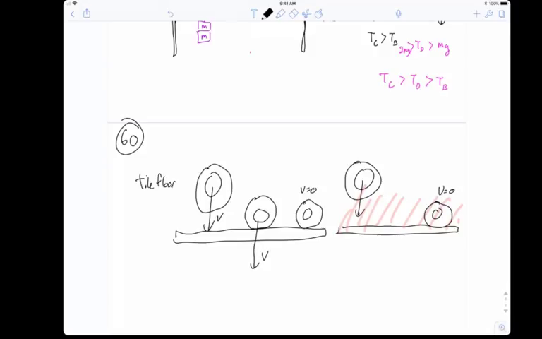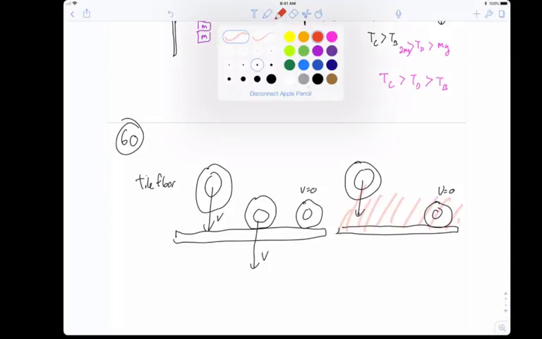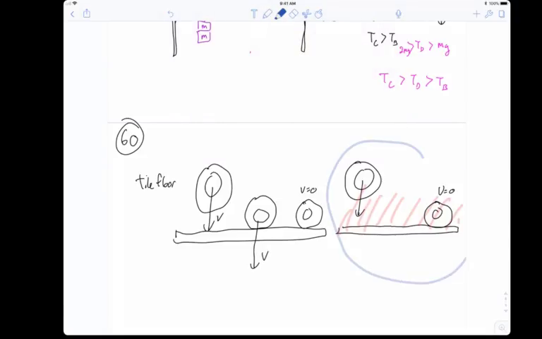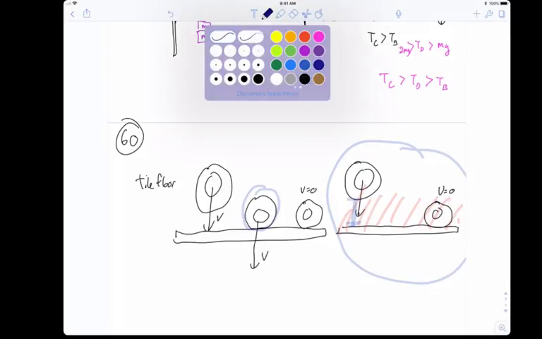But here's the big distinction. In this case, the contact force starts applying over a long distance, whereas the contact force in this case only starts applying once the plate touches it. The carpet is longer, and so the contact force starts earlier. No, hold on.